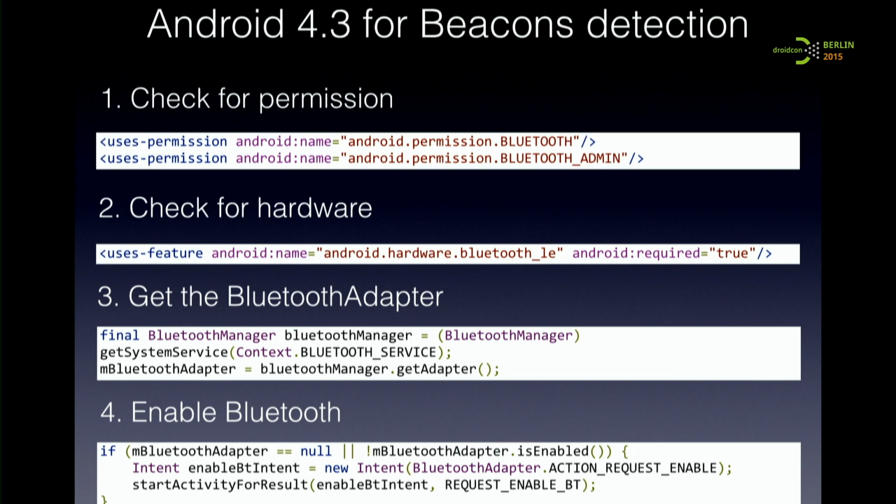Also, to interact with BLE, you should add the permissions in the Android manifest. The first permission, Bluetooth, is required to establish a connection, interact with the device, and so on. And the second, Bluetooth admin, is required if you want to change some settings. So in most common cases, you need to define both of these permissions.